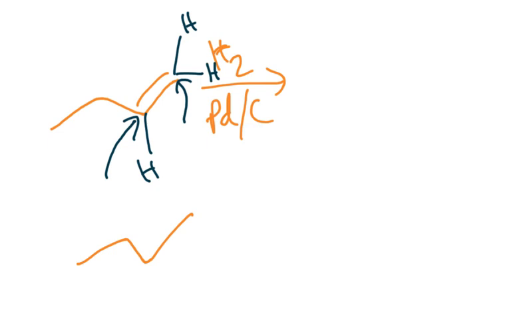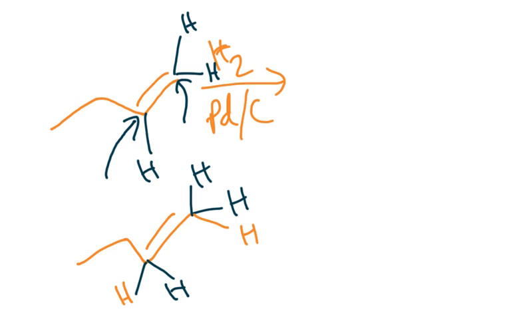Let's say you added the hydrogen in orange in the reaction, and then we kept the hydrogens that were already on here, and previously we already had a double bond here. If you didn't remove the double bond, this carbon would have 1, 2, 3, 4, 5 bonds, and this carbon would have 1, 2, 3, 4, 5 bonds.